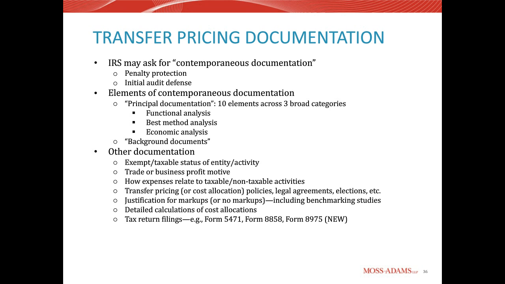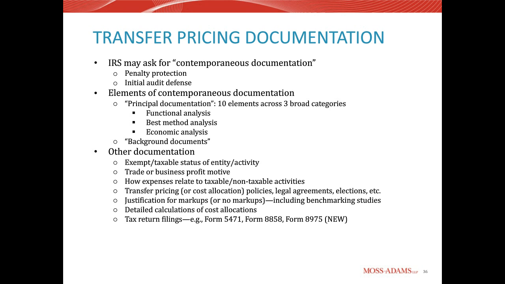In order for documentation to be contemporaneous, it has to be done prior to the submission of the tax return. So when something's considered contemporaneous, it has to be done, often for taxable entities, by September 15. I believe this year is October 15, and it may be different depending on the year end of your entity. Now, there's also other documentation that must be considered.